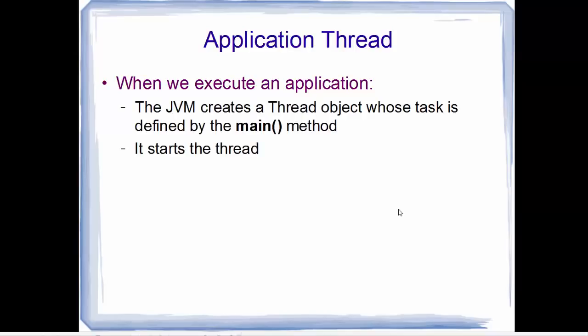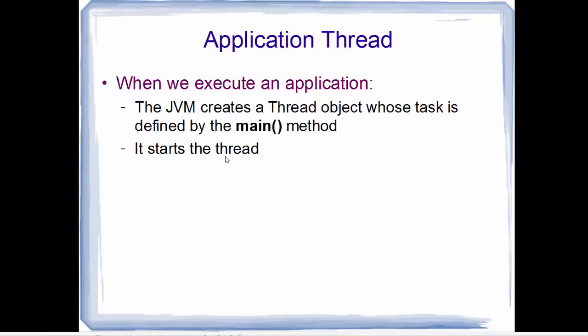Now, what is an application thread? As we all know, whenever a Java program is created, it runs on the JVM, which is the Java Virtual Machine. Whenever we execute a Java application, the JVM creates a thread object whose task is to define a main method, and it starts the thread.